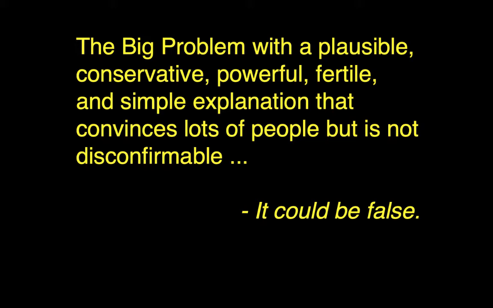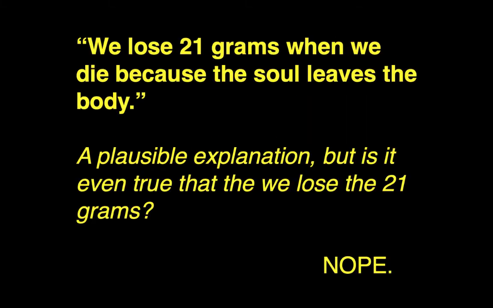The big problem with a plausible, conservative, powerful, fertile, and simple explanation, though, is that it convinces lots of people. But it isn't disconfirmable. It could be false, and we couldn't tell. For instance, I talked about the case of the convincing explanation of the alleged loss of 21 grams when we die.